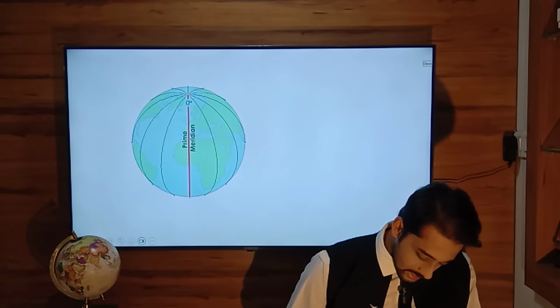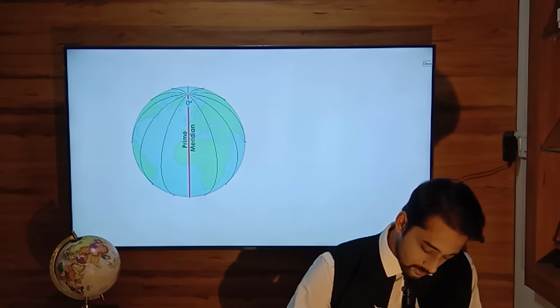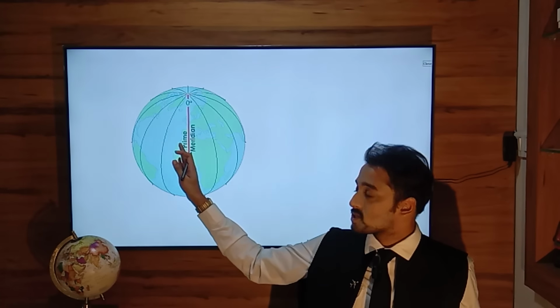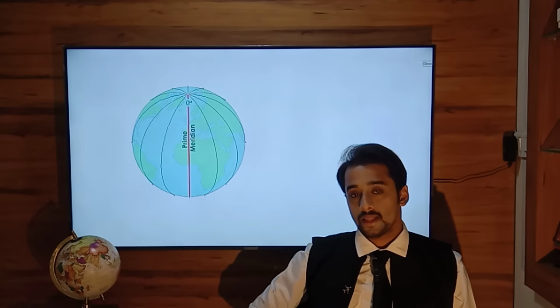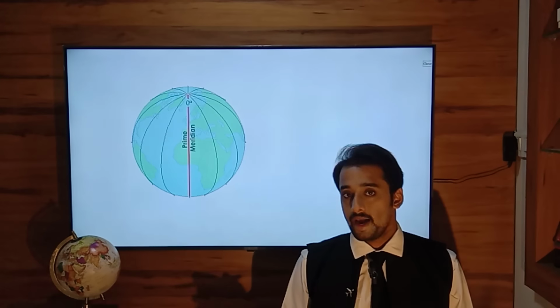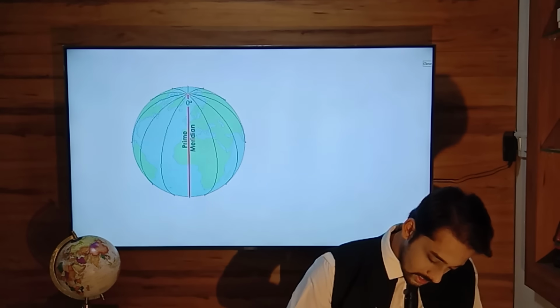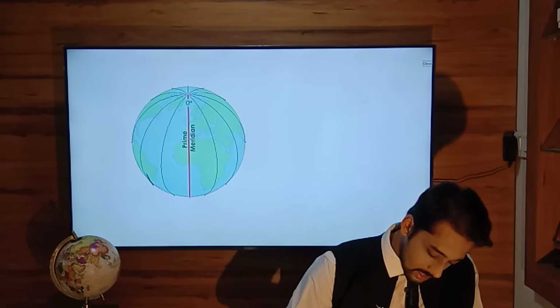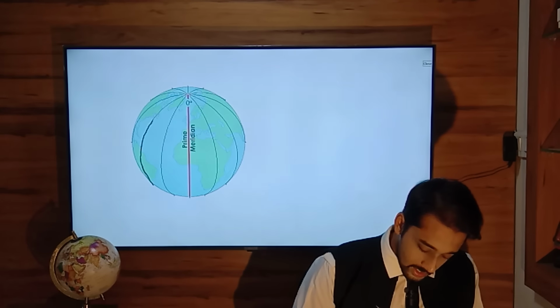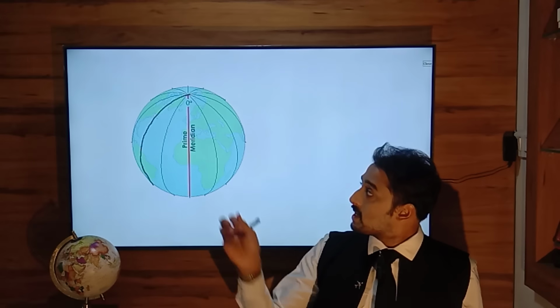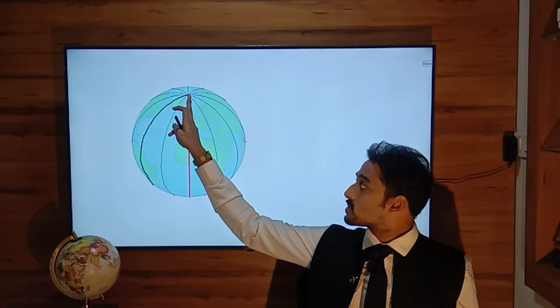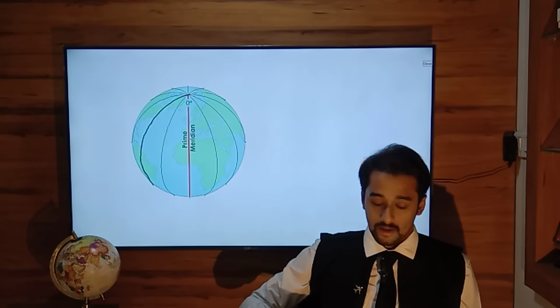Over here you have meridians in front of you. There are all these meridians drawn. Now for every meridian there will be a particular anti-meridian. Let's take this meridian. After reaching the North Pole, there will be a corresponding anti-meridian for it.